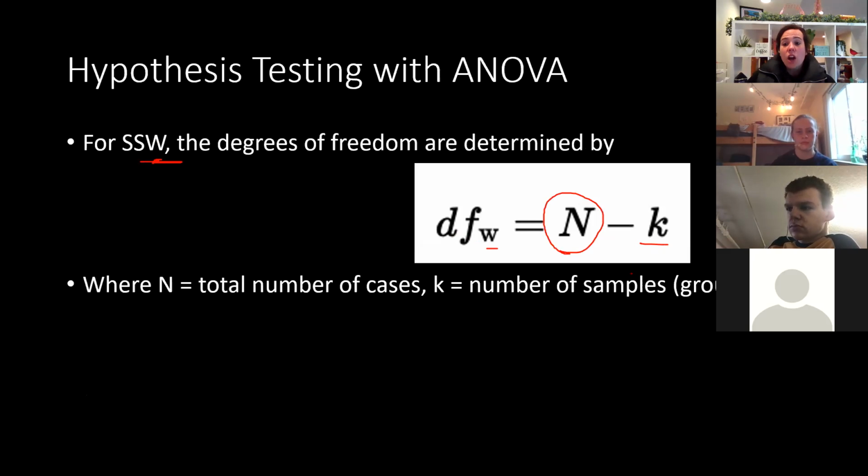In our example, I want to say there were 23. Minus K, which is the number of samples, which was 4. So it'd be 19.